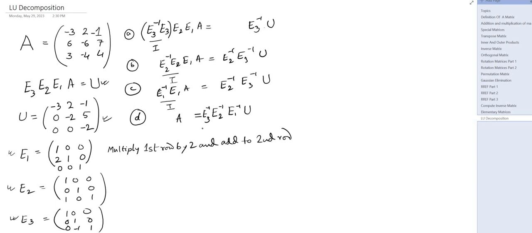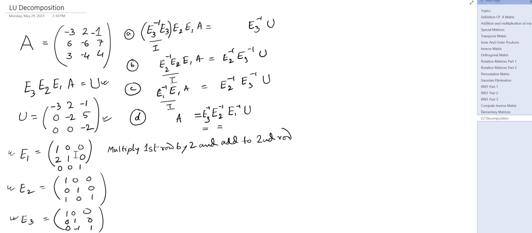Now the question is how we find these inverse matrices. Finding the inverse of an elementary matrix is very trivial, very easy.